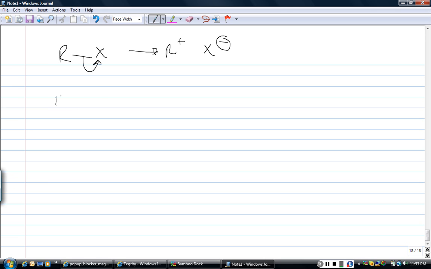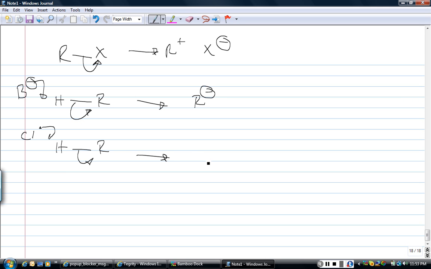To get a carbanion, for example, I might have some base come in, pull off the proton, dump the electrons onto the carbon, and I'd get R minus. But to get a free radical, I would typically have, for example, let's say Cl dot come in and do this, and I get R dot.